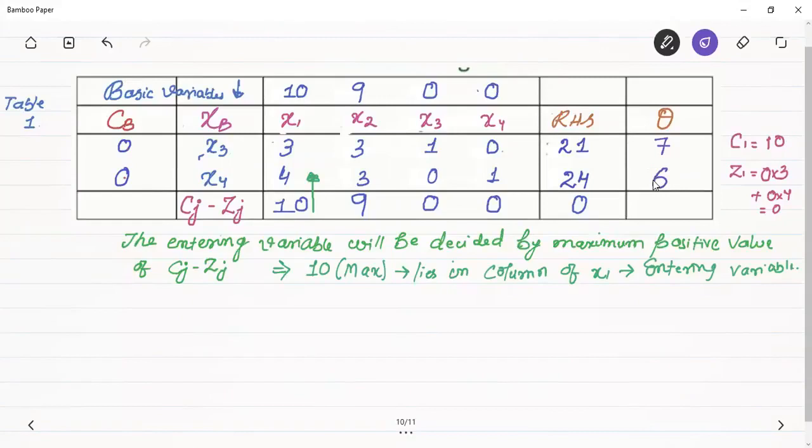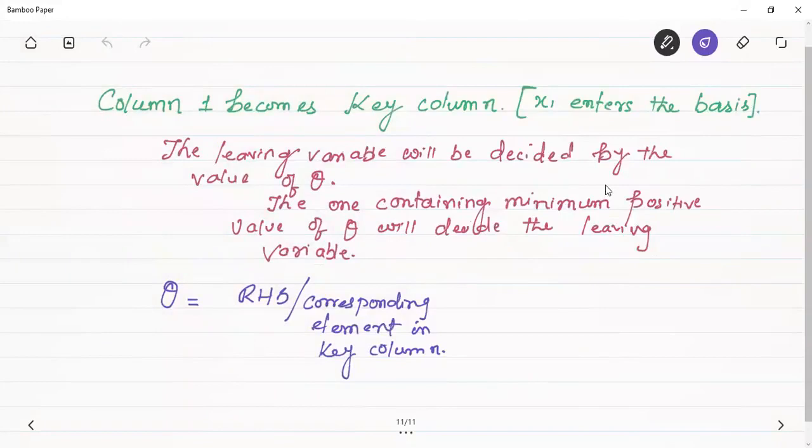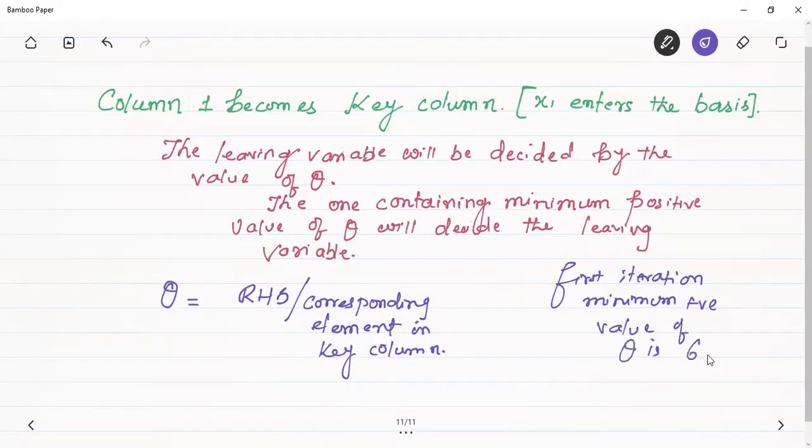And the outgoing variable will be decided by the minimum positive value. So which will be the outgoing variable? Among 7 and 6, the minimum positive value is 6, and 6 corresponds to the row of x4. Okay, for the first iteration, the minimum positive value of theta is 6.